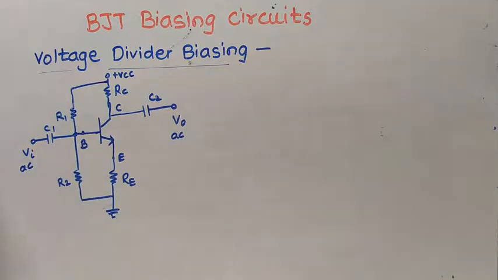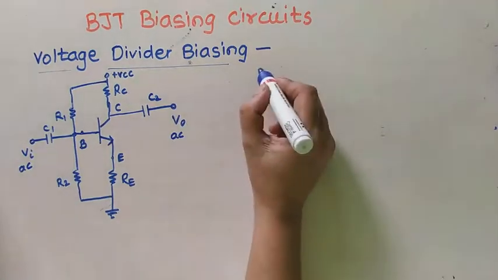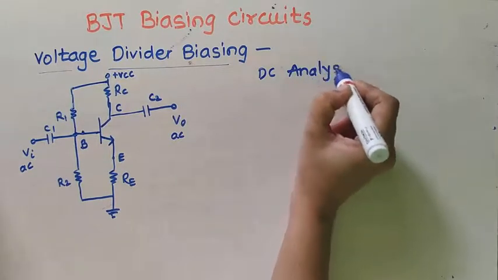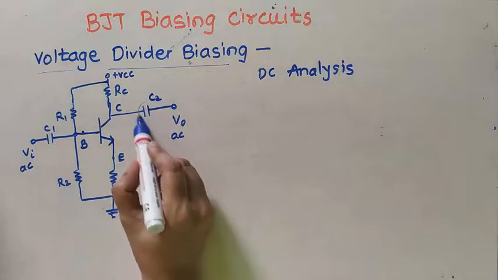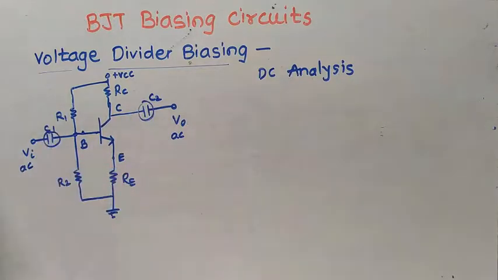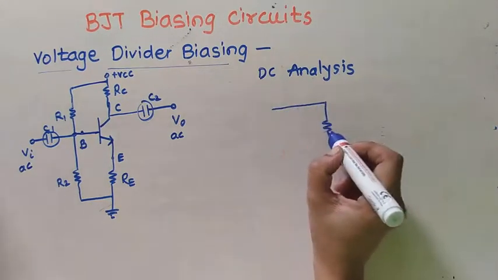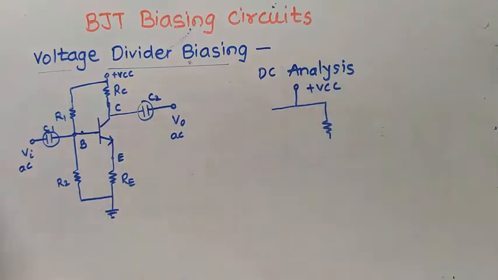For the biasing, we are going to study the DC analysis, and for that DC analysis, these two capacitors act as open circuit for DC signal. That's why we can remove them and we can draw the DC equivalent circuit for voltage divider network.